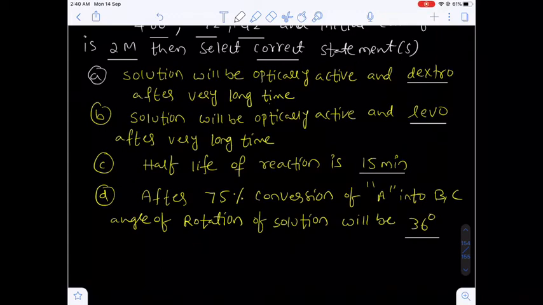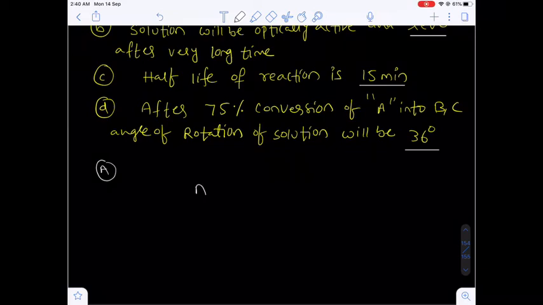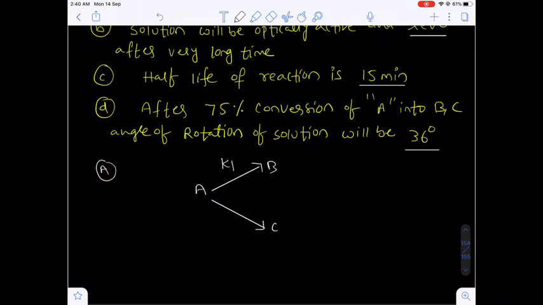Now here in this question, first of all, what is the reaction given? A to B and A to C. What is the K1 here?